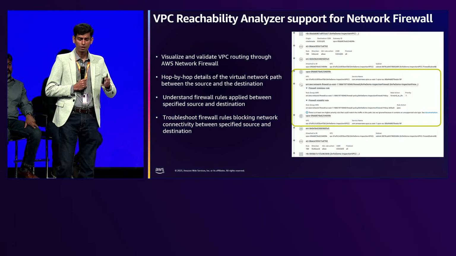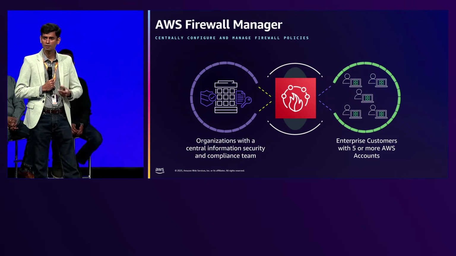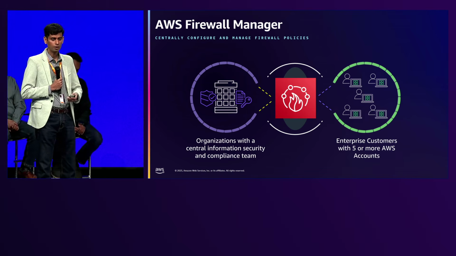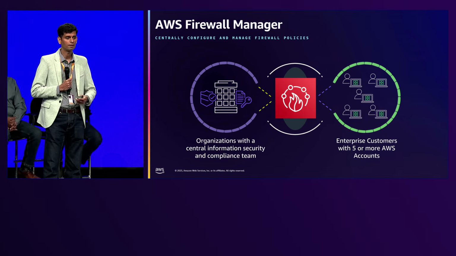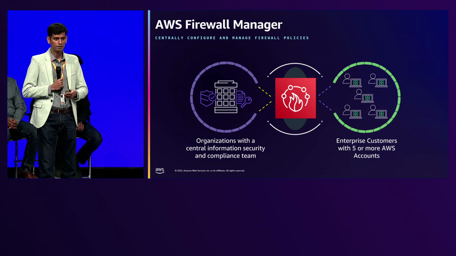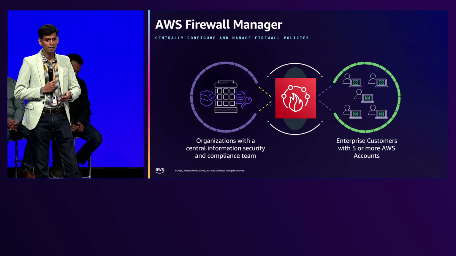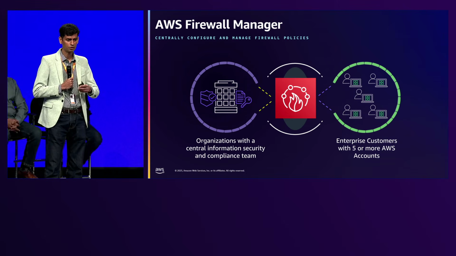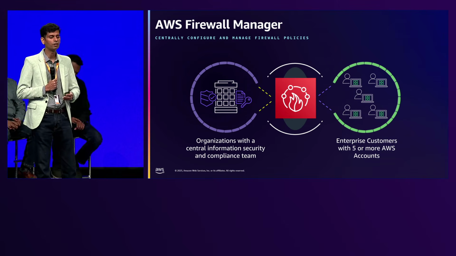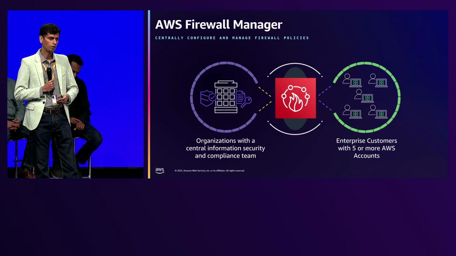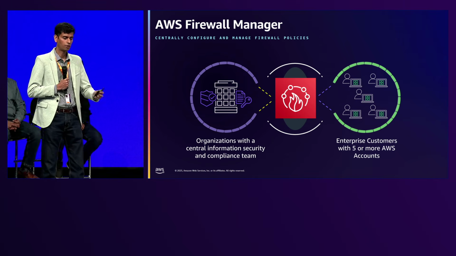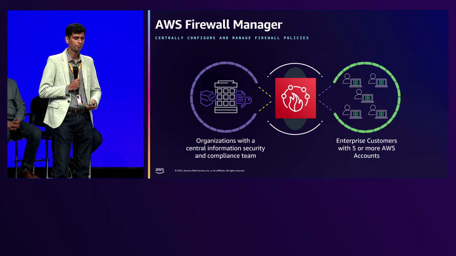All right, coming to the final part of governance and how you can govern all those security controls spread across your environment. AWS Firewall Manager is that key service which enables security administrators to centrally configure and manage these firewall policies across accounts and for your applications across the organization.